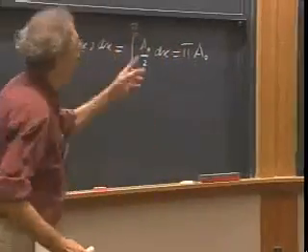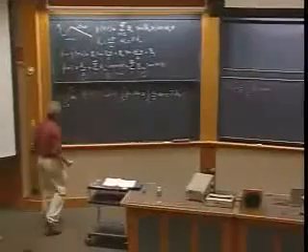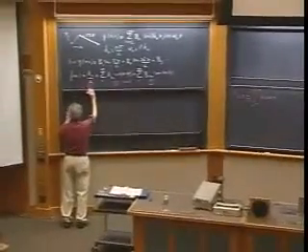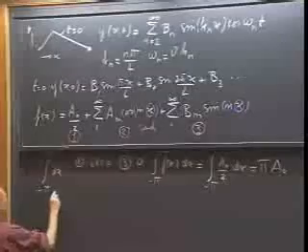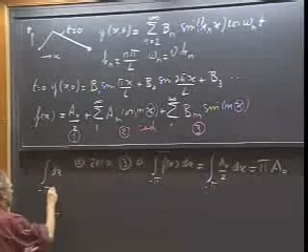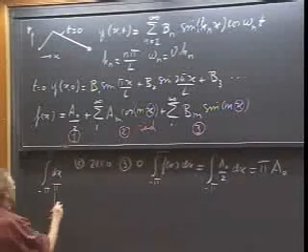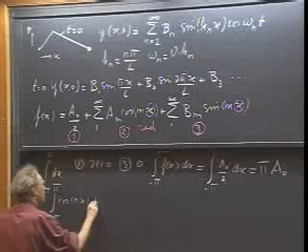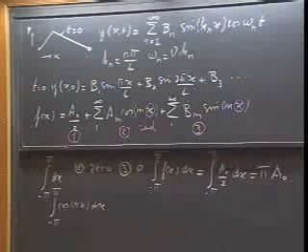How are we going to calculate now the other values for a? Well, what you do now is you take the integral from minus pi to plus pi times the cosine of n x dx, and you do that on both sides of the equation.